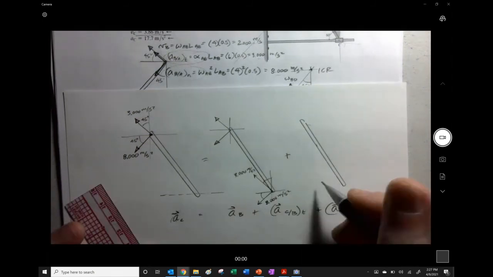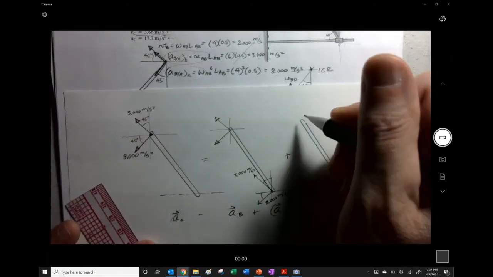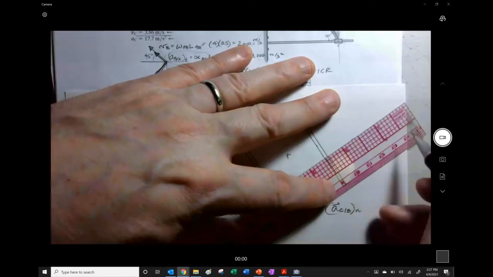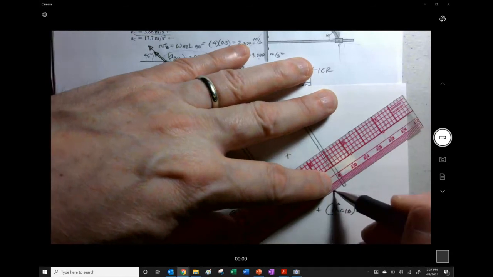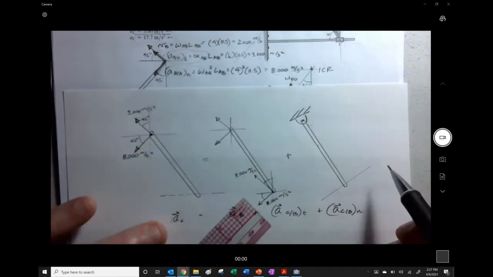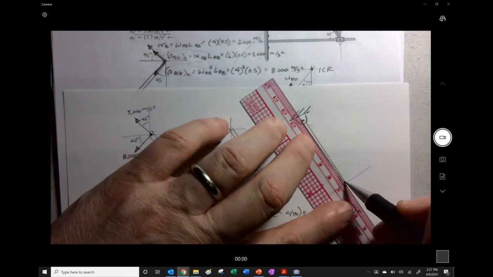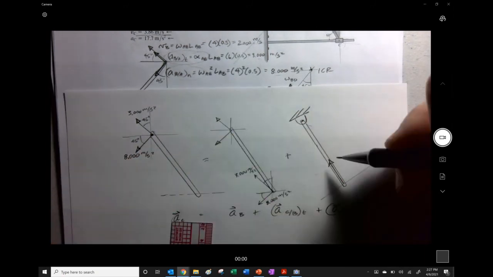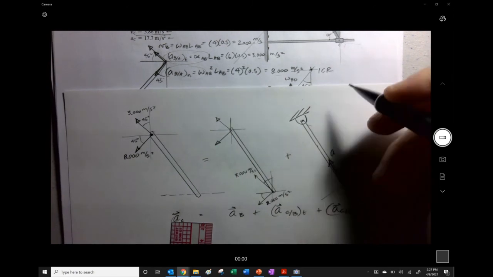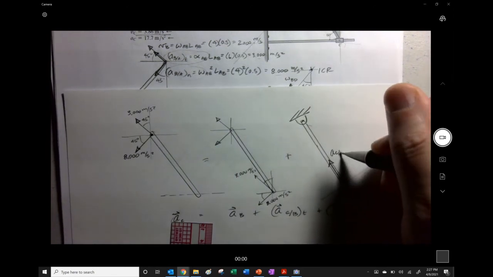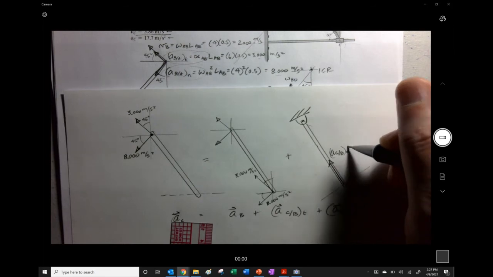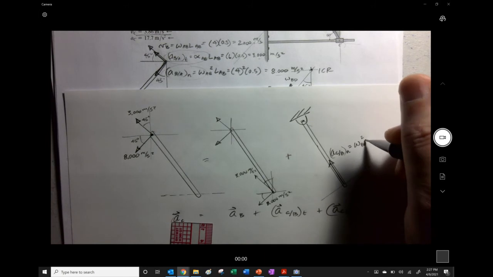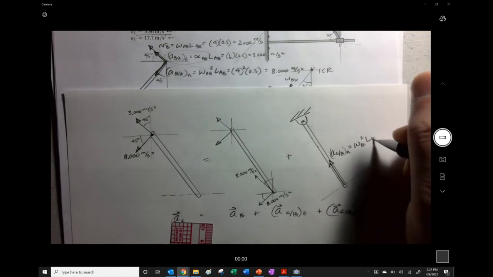And then because this one is the reference, it's the one that gets in. I know it's going to be along that line. I do know I will be able to find this guy right here, which I'll call the acceleration of C with respect to B in the normal direction, which is going to be omega BC squared times the length of BC.